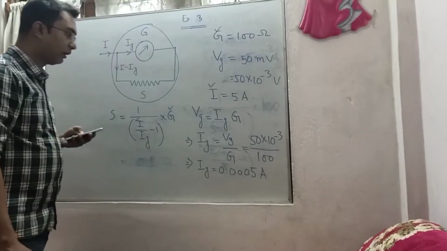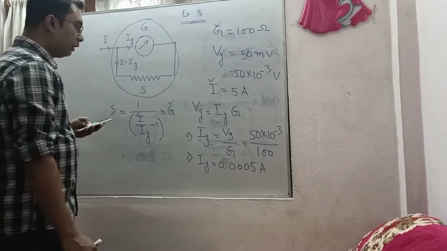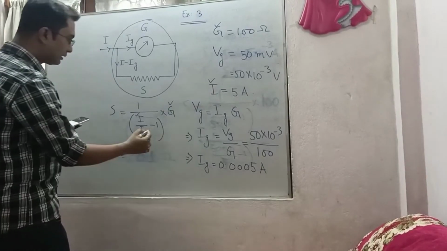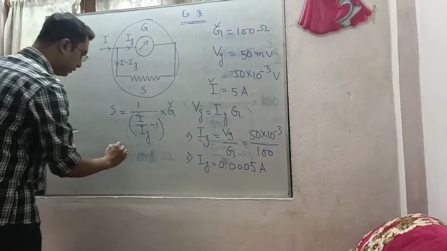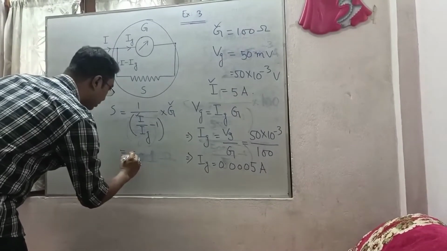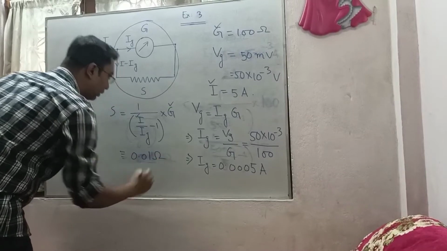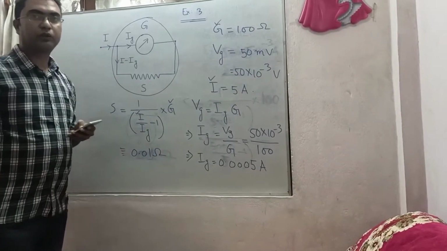So Ig equals 0.0005 ampere. Alright, so we have got Ig. Now we have to place the value of Ig there. I we already have. So we get the value of S here. If we place the values, we shall get its value as 0.01 ohm.